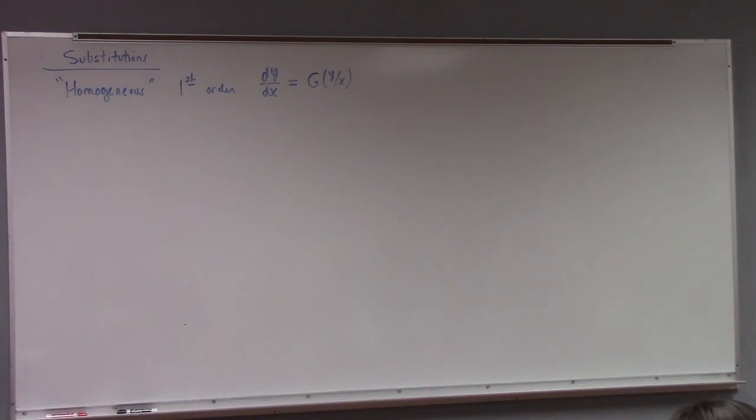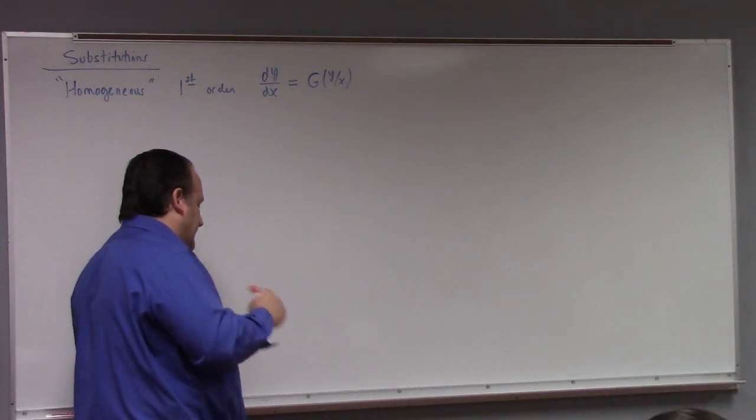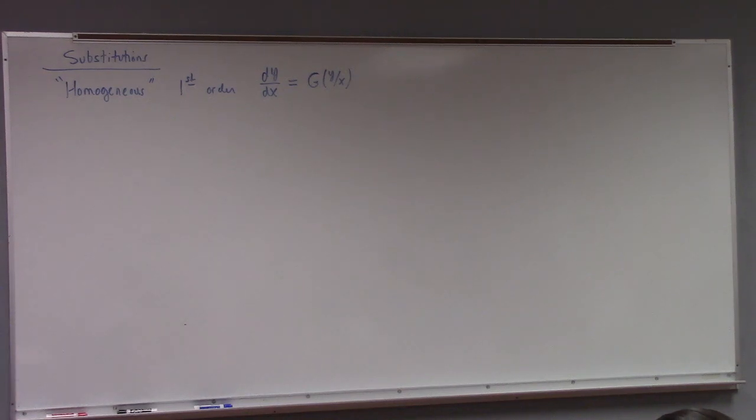And I say so-called because we use homogeneous to mean at least 3 or 4 different things in this class, all right? But here, homogeneous is meant to refer to the fact that this differential equation is such that if we rescaled x and rescaled y in the same way, like if I replaced x with m times x, and y with m times y, the form of the differential equation would be unaltered, right?